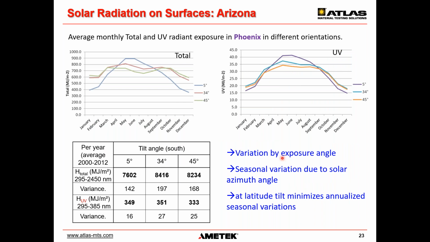And just to give you also some examples here, how it can look. Here we have the exposure angles of 5 degrees, which is almost horizontal. We have 34 degrees, the latitude angle of Phoenix, Arizona, and 45 degrees, which is a commonly used exposure angle in weathering for historic regions.